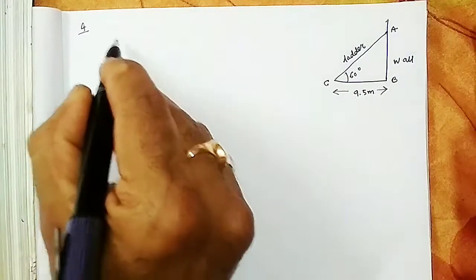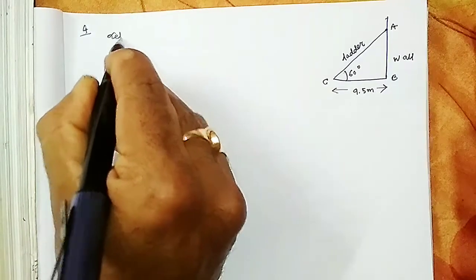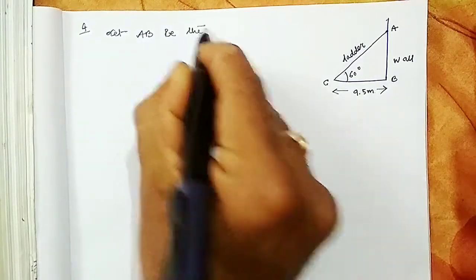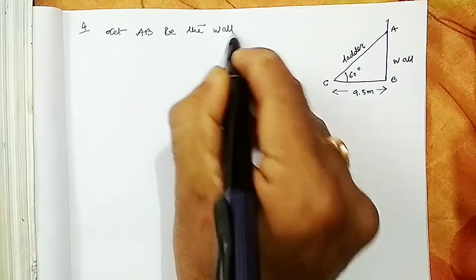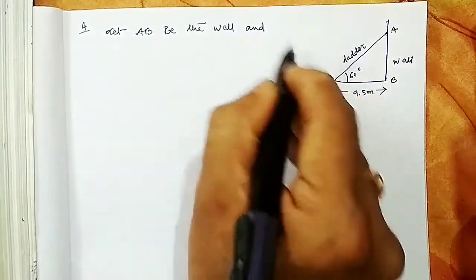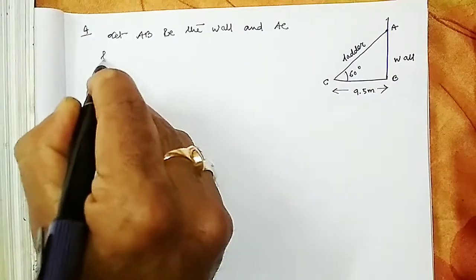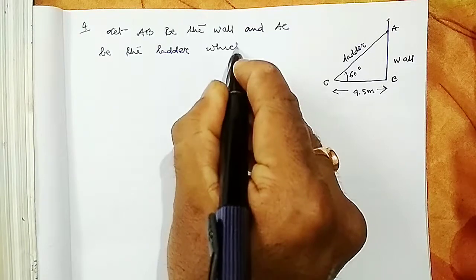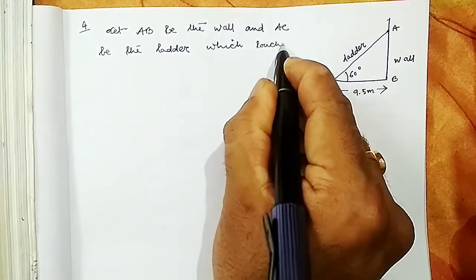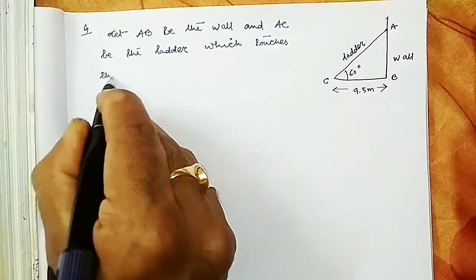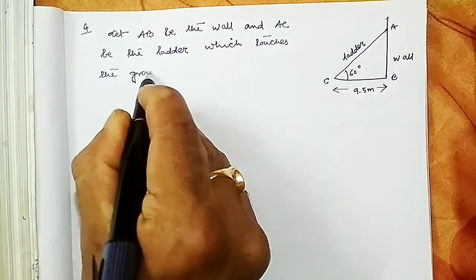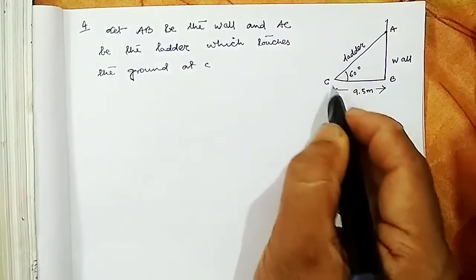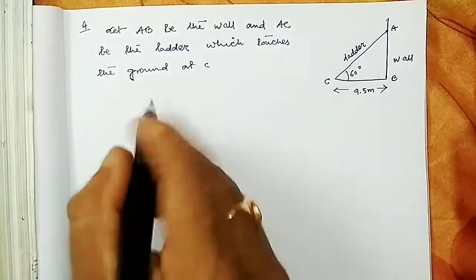Here AB is the wall, so we can write let AB be the wall and AC be the ladder, which touches the ground at C, because ladder touches the ground at C. Here BC is how much?